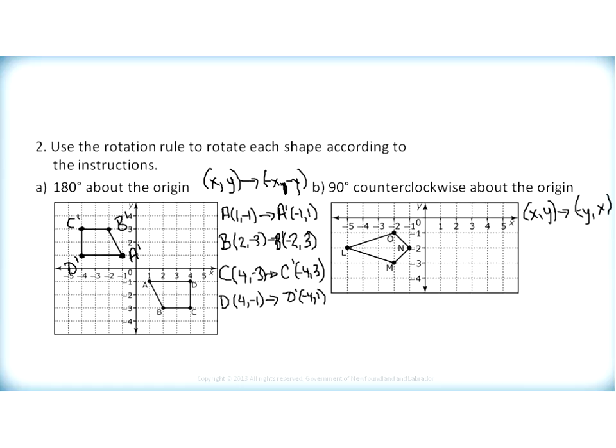So I'm going to draw my points down here. I have L, M, N, and O. So L was the point -5, -2.